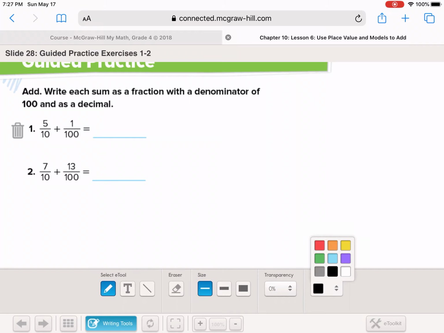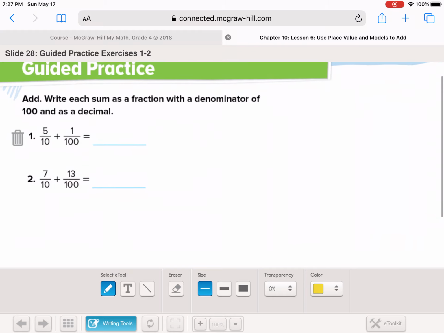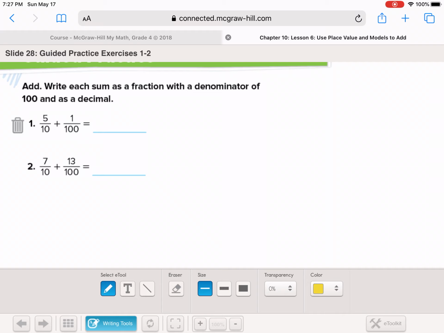It's not letting me write. So what do we have to change 5/10 to? If you said 50/100ths, you would be correct. 50/100ths plus 1/100th is 51/100ths.